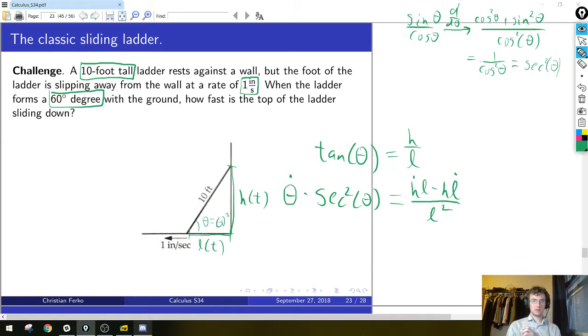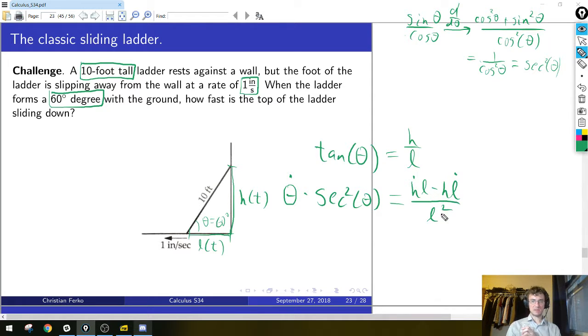Let's make it more complicated. Now we need to solve for this in terms of something. We know theta at the given time. So we know theta is 60 degrees. Can we figure out this stuff on the right?